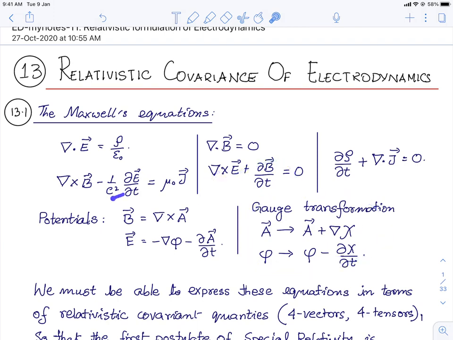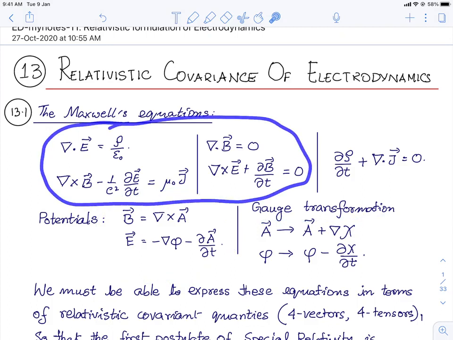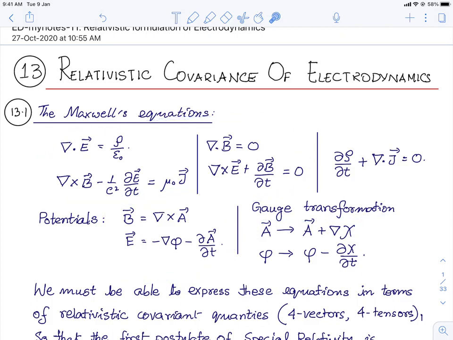It's basically invariant under these gauge transformations, and so are the Maxwell's equations, because the Maxwell's equations are written in terms of the electric and magnetic fields. So the Maxwell's equations are also invariant under gauge transformation.